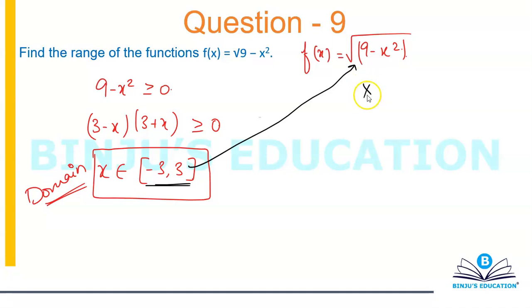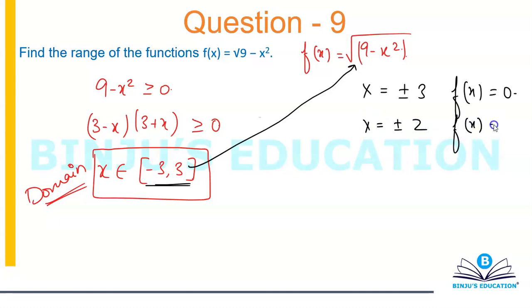So if I put x is equal to plus minus 3, I get f(x) is equal to 0, because 9 minus 9 is 0, root of 0 is 0. When I put x is equal to plus minus 2, I get root of 5. When I put x is equal to plus minus 1, I have root of 8.